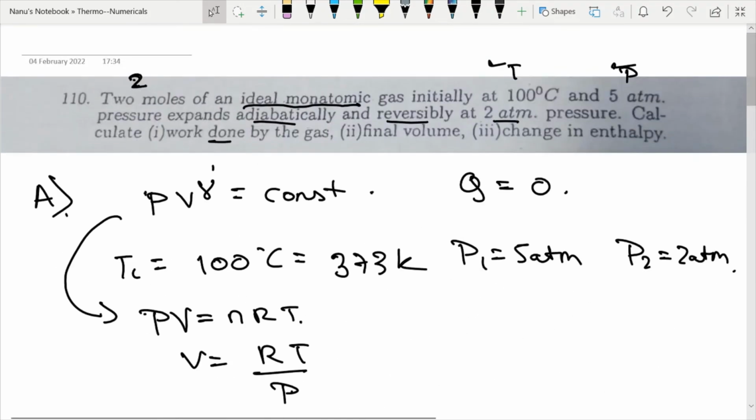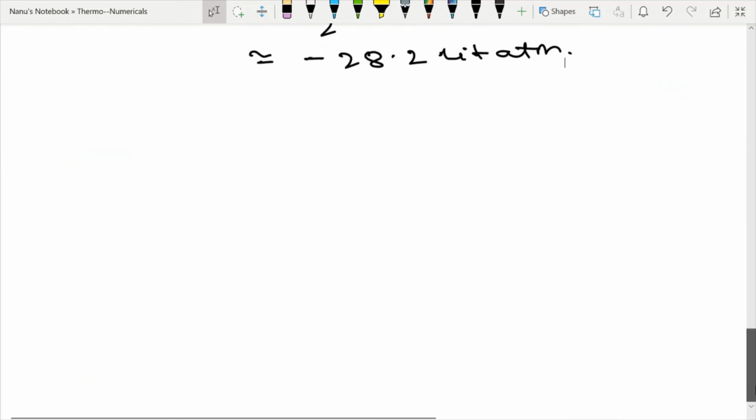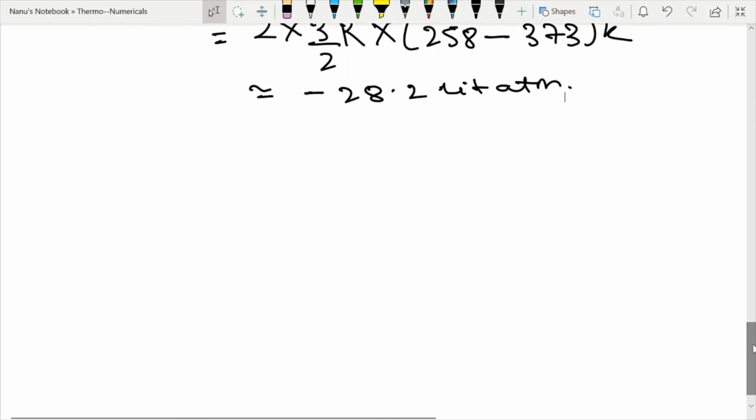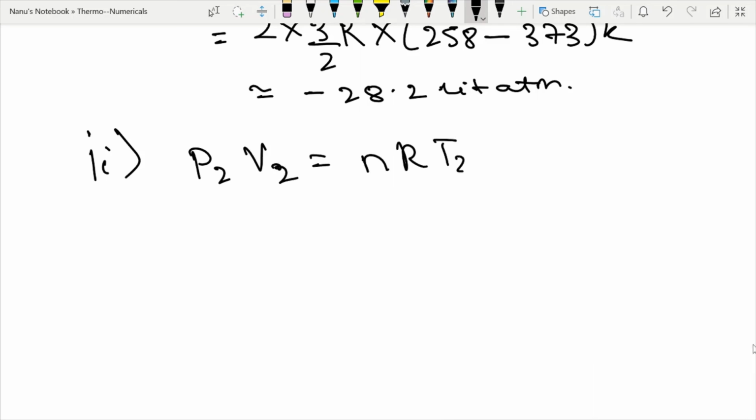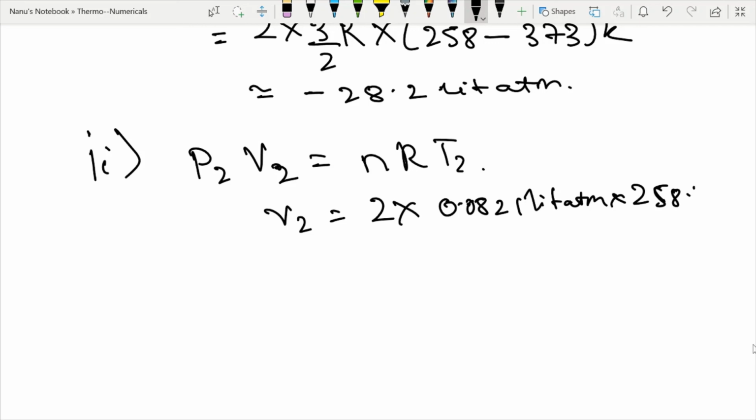It says, find the final volume. This is very easy actually, because we already know it's an ideal gas, so we can easily find the final volume using part 2. We know P2, and V2 is to be found: V2 equals nRT2 by P2. N is 2, R is 0.0821 liter atmosphere, T2 came out as 258.4, and P2 was how much?